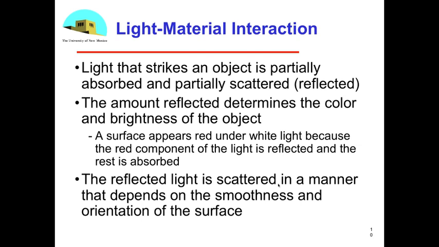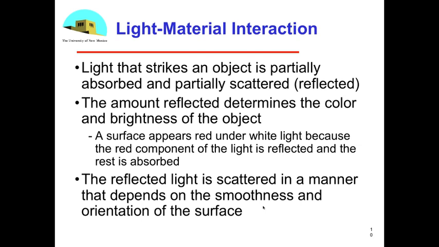Also, the final point here, we'll see more examples of this in a minute, is that how light is scattered is really a measure of how smooth that surface is locally. If the surface is rough, it's going to scatter light in all directions. If the surface is smooth, it's going to act more like a mirror. And that's independent of how much is absorbed and what colors are reflected.